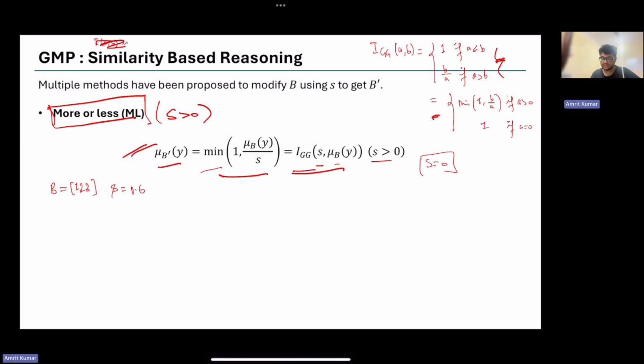I'm just using this set and this similarity value for the sake of illustration. So this is how our fuzzy set B would look, and this is 0.6. So what will be this value? This will be 2 minus 0.6. So this would be 1.4, I suppose.